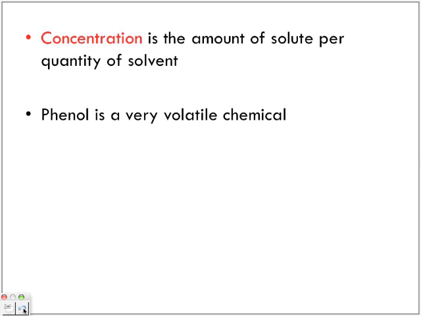Phenol is a very volatile chemical. A high concentration of phenol can actually kill you. But if you look at certain medications, like certain antiseptics and disinfectants, you will find one of the medicinal ingredients is phenol. At the right concentration, it is actually beneficial.